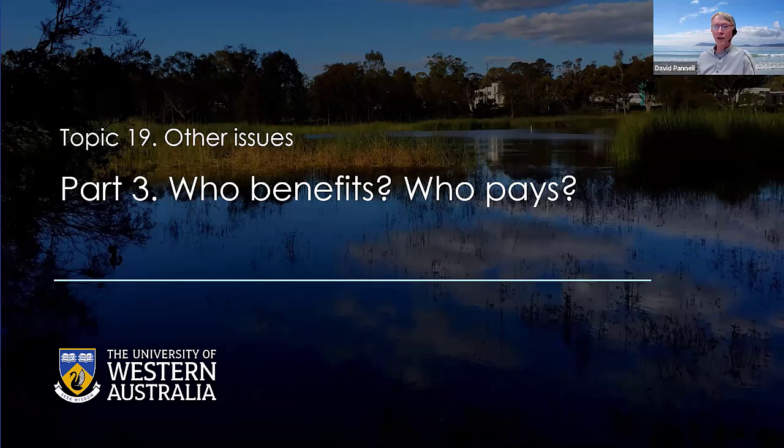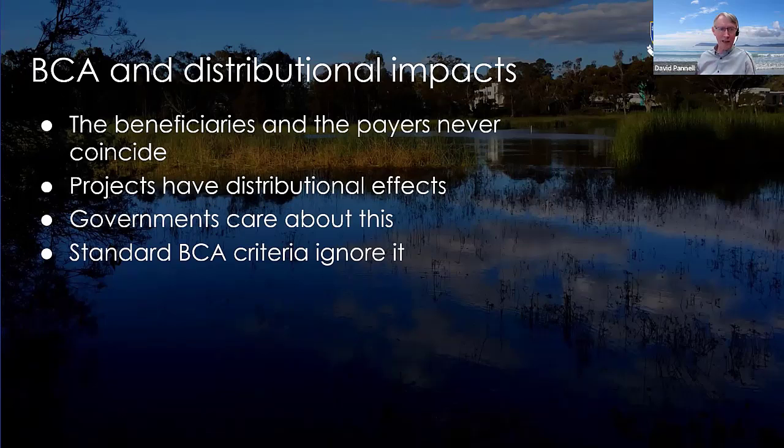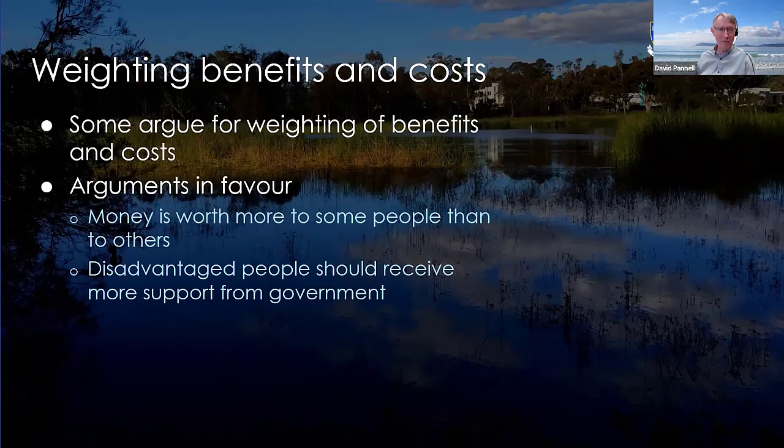And even though you sometimes read guidelines that say, don't worry about that, just calculate the total net benefits or the benefit cost ratio for the overall thing and ignore transfers between people, the reality is that decision makers often do care about who benefits and who pays, and often will want to factor it into their decision making.